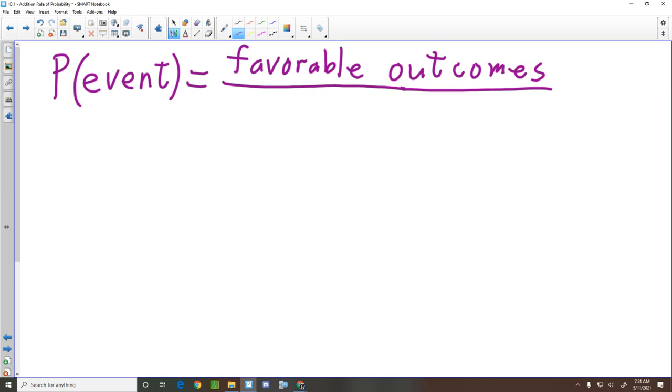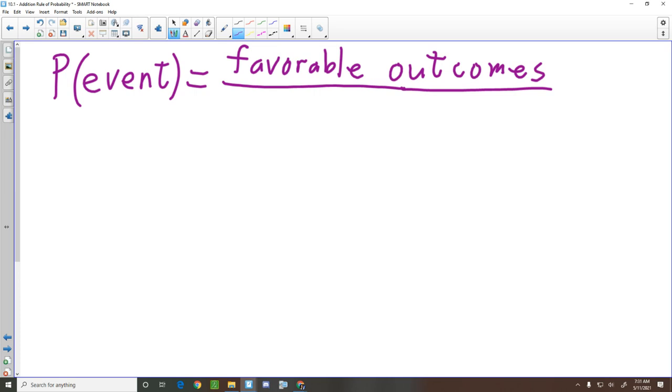So for example, take something simple like rolling a 6-sided die, and I want to know what's the probability of rolling a 2. Well, the favorable outcome would be rolling a 2, right? How many sides on that die would have a 2? That's what I want to have happen.